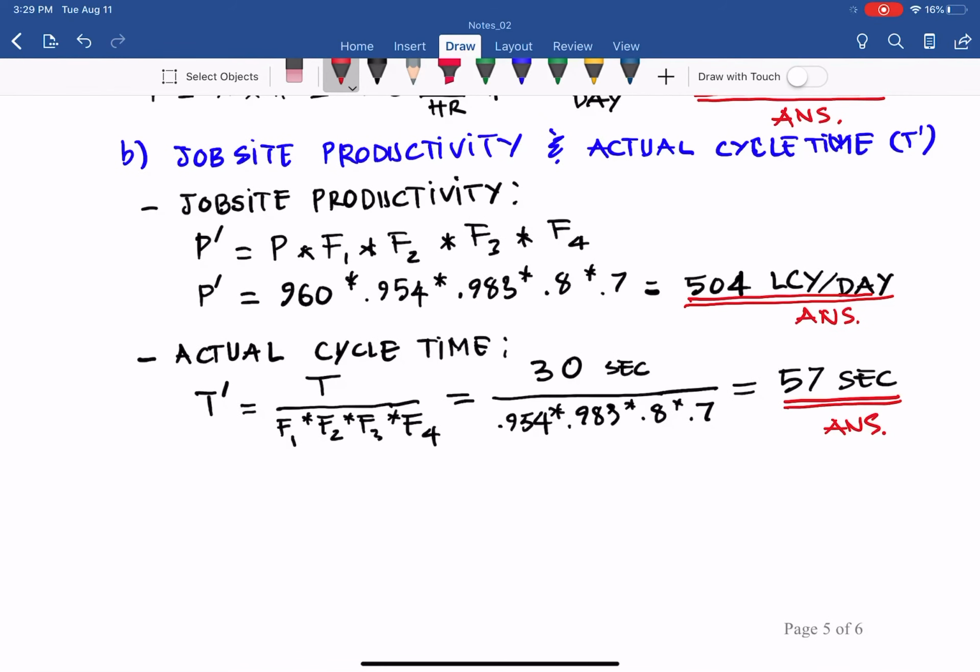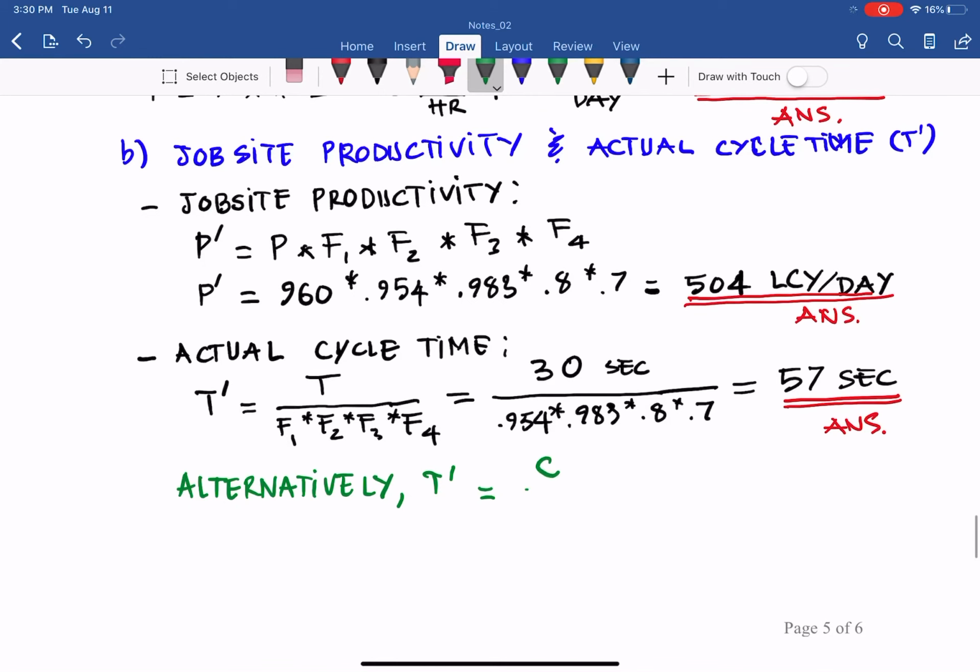Alternatively, we can use this equation to determine the actual cycle time. That is T apostrophe, basically equal to cycle capacity divided by R apostrophe, the actual productivity.